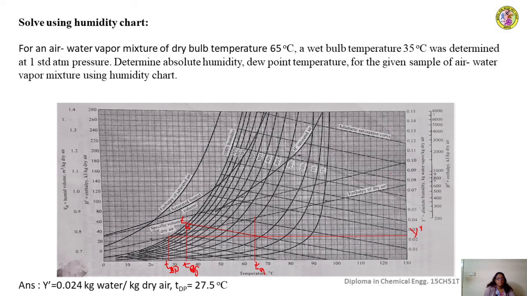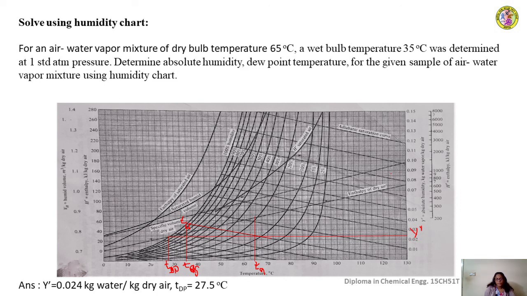The dry bulb temperature is Tg, so 65 degrees centigrade is marked on the x-axis.